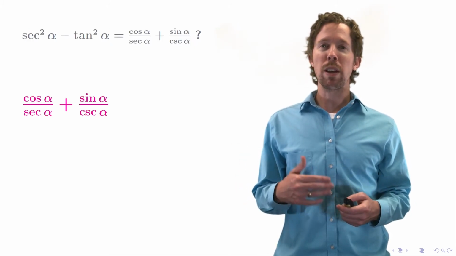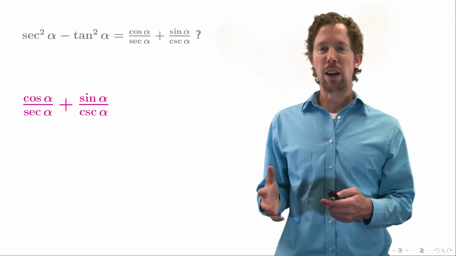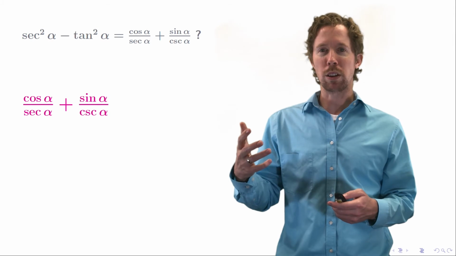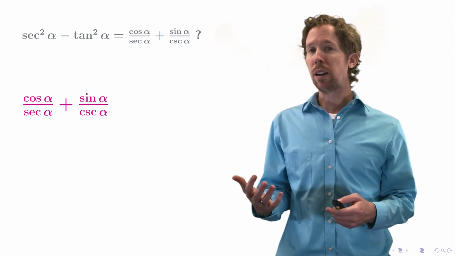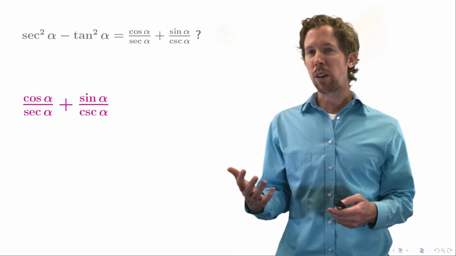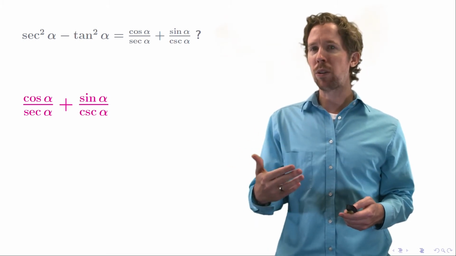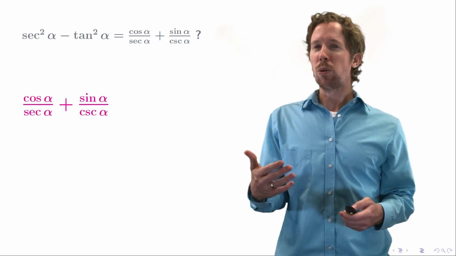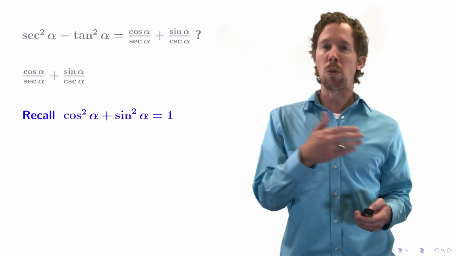Now, before we manipulate this right-hand side, we should take a look at the left-hand side just to see where we want to go eventually. So when I look at the left-hand side, I see this secant squared and the tangent squared, and that makes me think of the Pythagorean identities. So remember, cosine squared of an angle plus sine squared of the same angle is always 1.